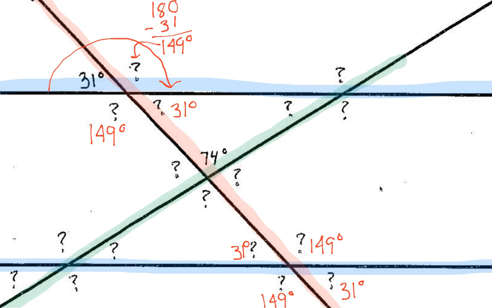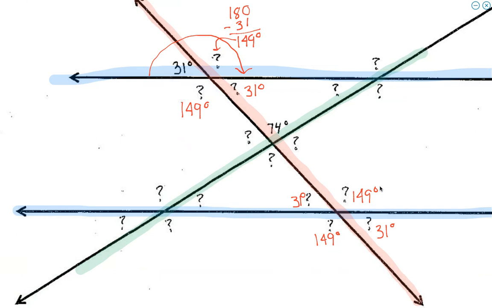Go ahead. Mr. G, wouldn't the other 8 angles, like the one directly across from the ones we just solved on the top and the bottom, wouldn't they be the same angles, just flipped? No, not necessarily. Oh, okay. Yeah, that would. They look the same.